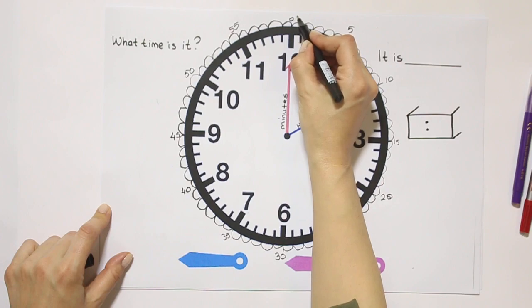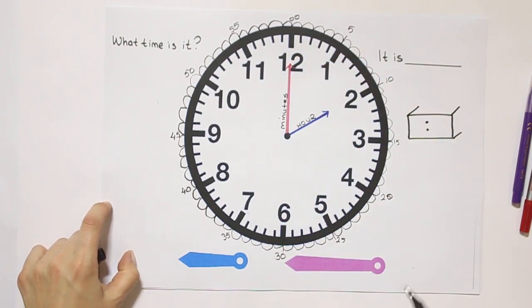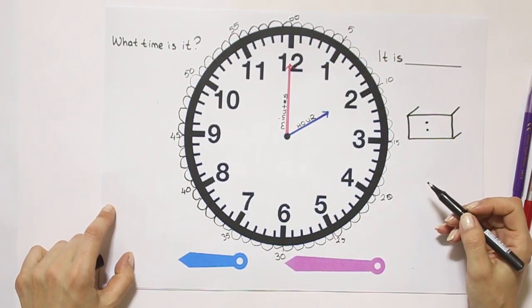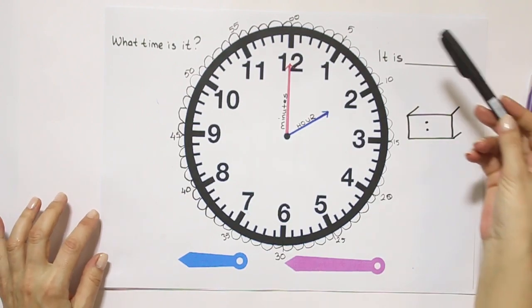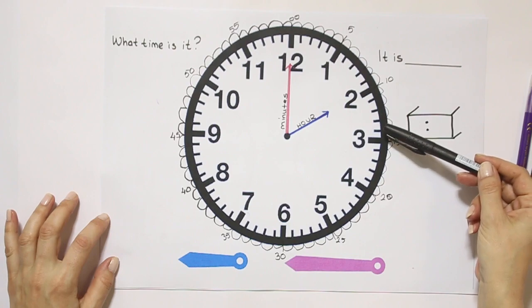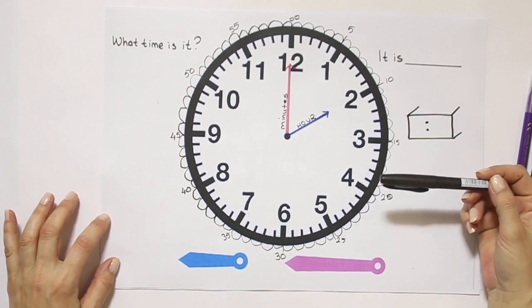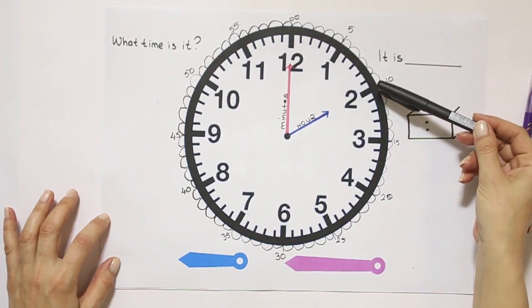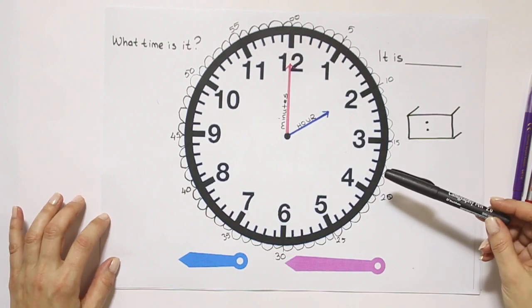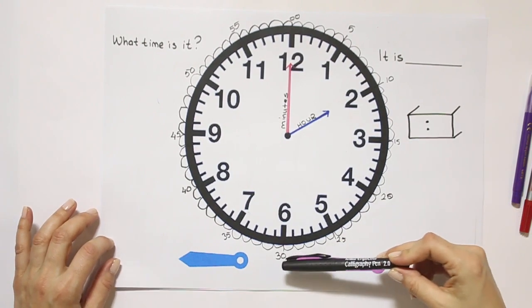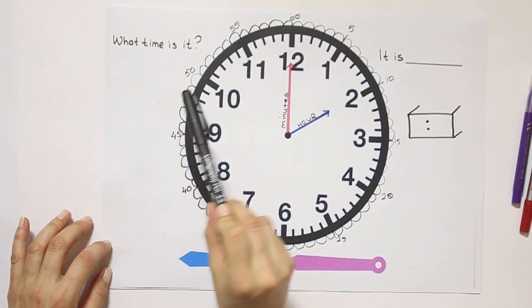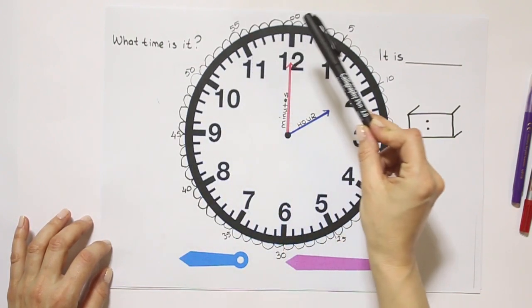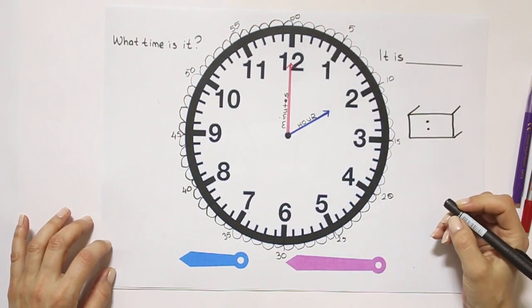But we don't write 60, we write 0, 0. Can you see that each of these numbers represent 5 minutes? 5, 10, 15, 20, 25, 30, 35, 40, 45, 50, 55, 60.